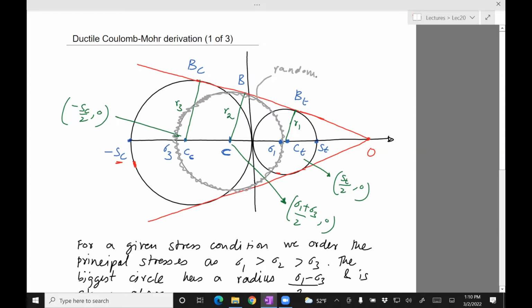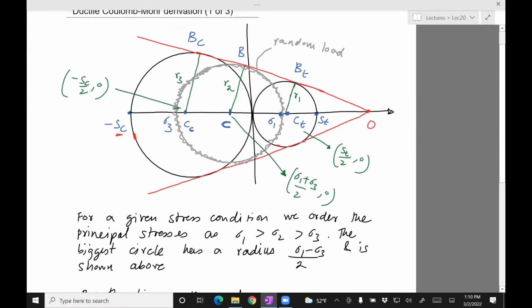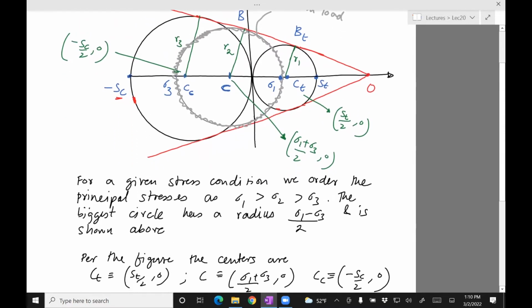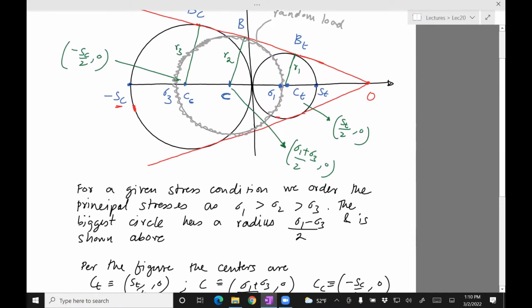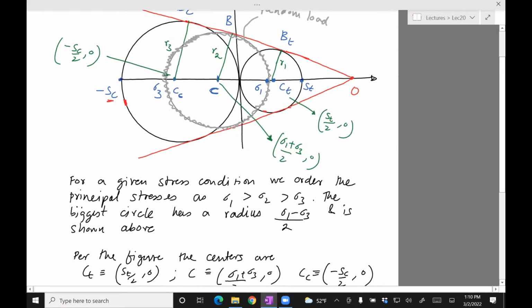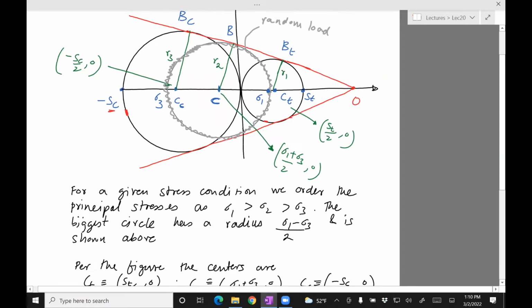First of all, you can compute the radius of each of these circles because you know the 2 points on the diameter. You know Sc and 0 over here, and 0 and St for that.